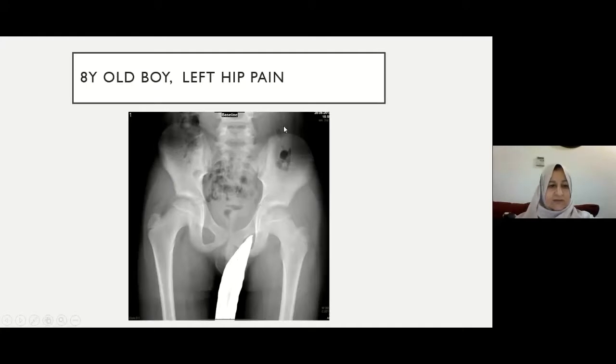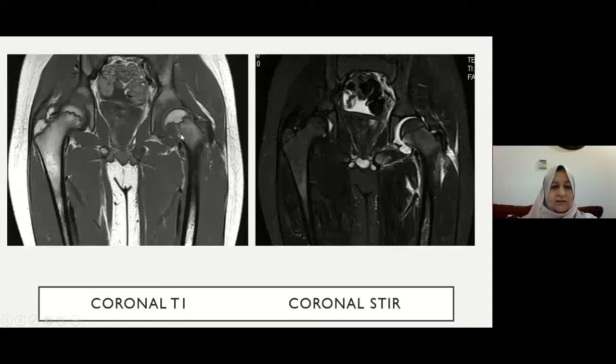Next case, an 8-year-old boy has signs of infection around the left hip, no changes in the X-ray. Coronal T1 pelvis showing that the focus of infection is in the left proximal metaphysis of the femur. Hypointense in T1, high in STIR.